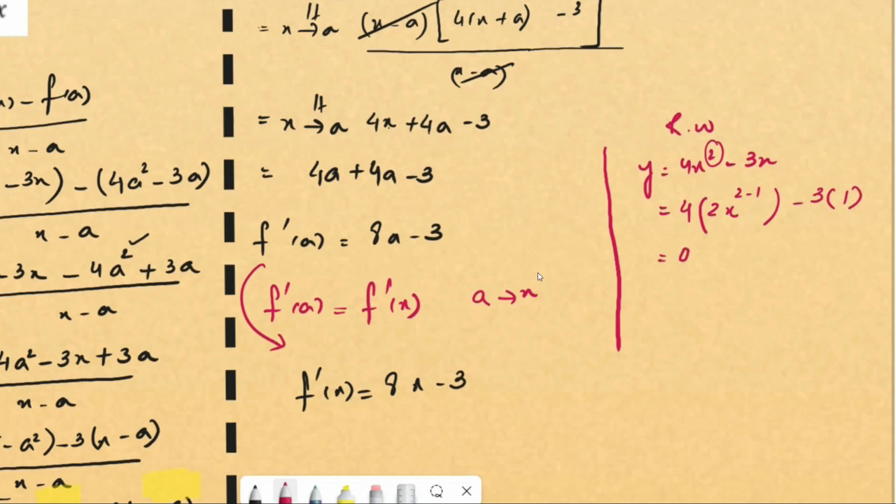So it would be 4 into 2x, that is 8x minus 3. So these both answers are same. It means that our procedure is correct. Now let's move to its ninth part.